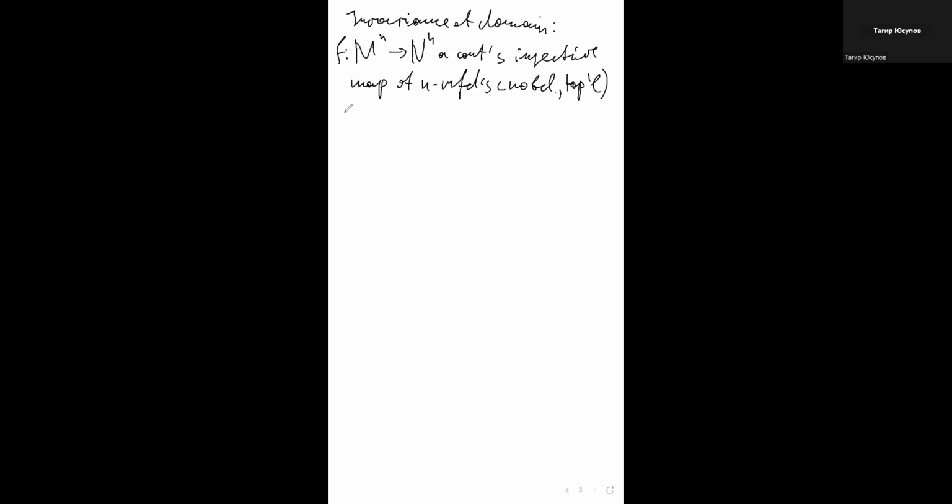Let me call this map F. Then F is open. What does this mean? It means it takes open sets to open sets.